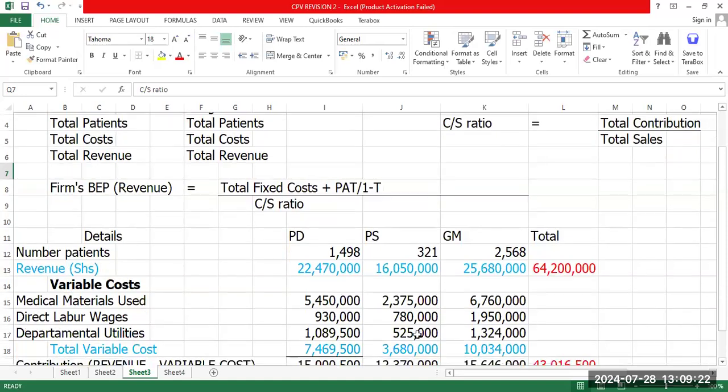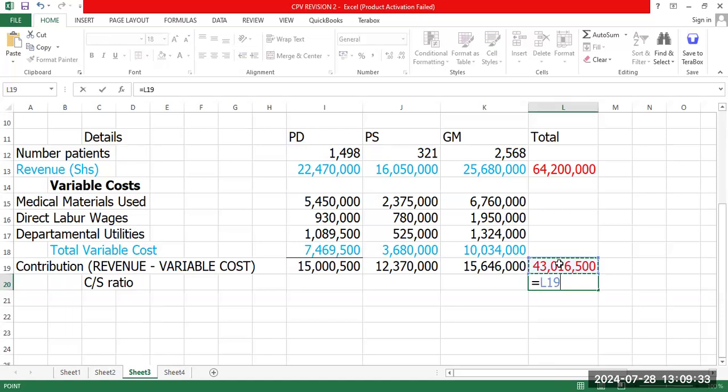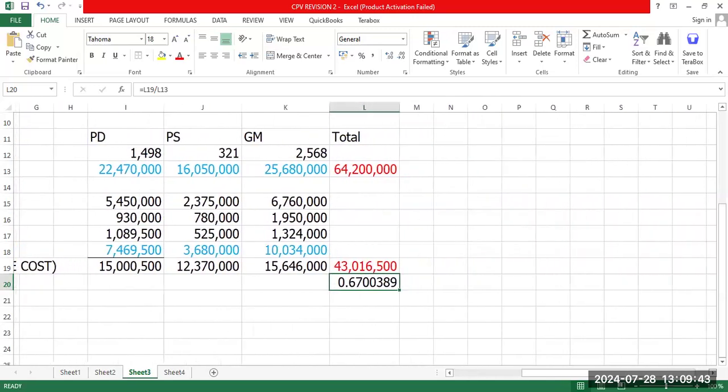By just doing this, you can also work from your table. You just get total contribution, which is this one, divided by this one. And that will be your contribution to sales ratio.